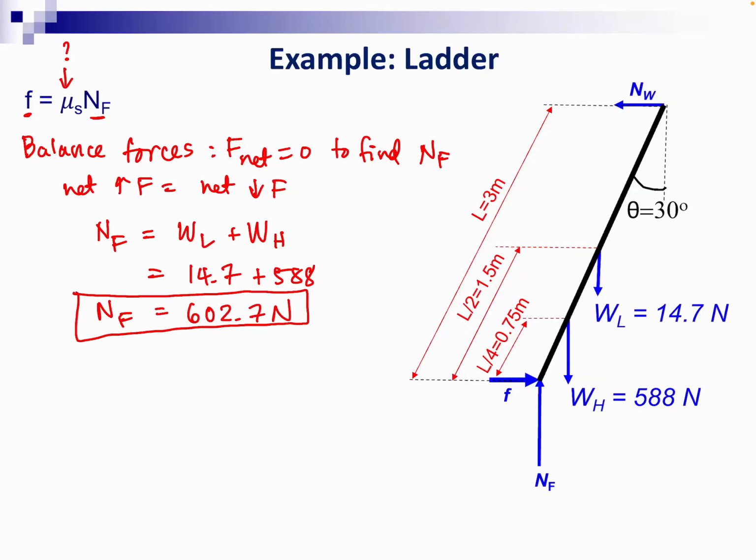Okay, if we balance out the forces along the horizontal, say net force to the right should be equal to the net force to the left, then there are only two forces along the horizontal. Then we know that the friction force should be equal to the normal force provided by the wall.